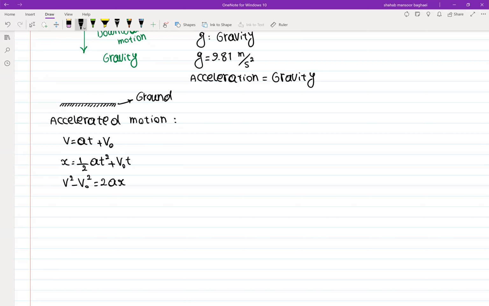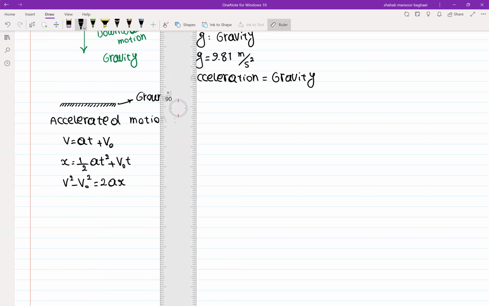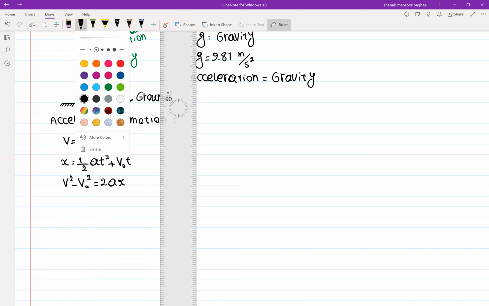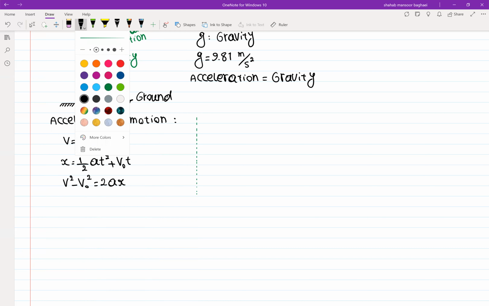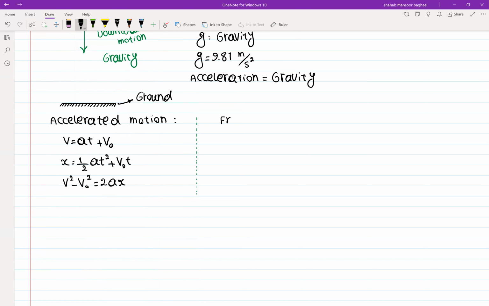Right now, I want to switch to the second group, which is free fall. Free fall is vertical motion, unlike the first group, because the first group is horizontal motion.